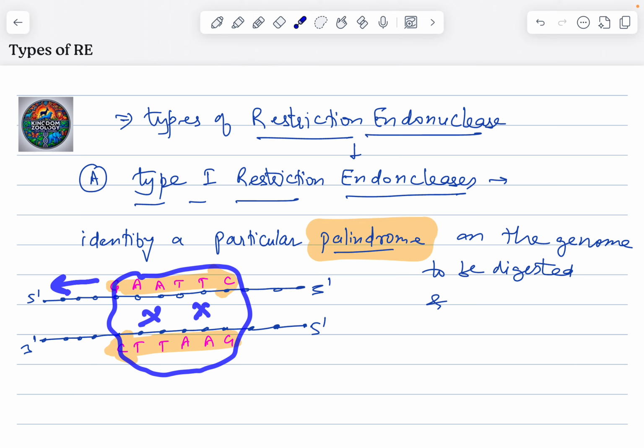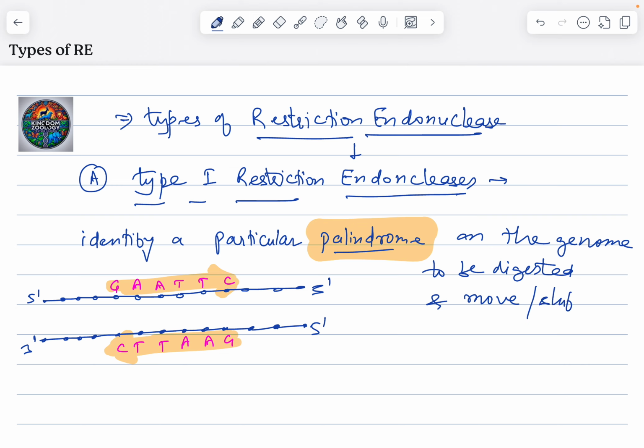They can shift to left or they can actually shift to right side of the site of attachment, and they can actually move as long as 1000 base pairs away from their recognition site and cut at a random place anywhere. They will attach to a particular palindrome on the genome to be digested and then move or shift approximately 1000 base pairs away from the recognition site.